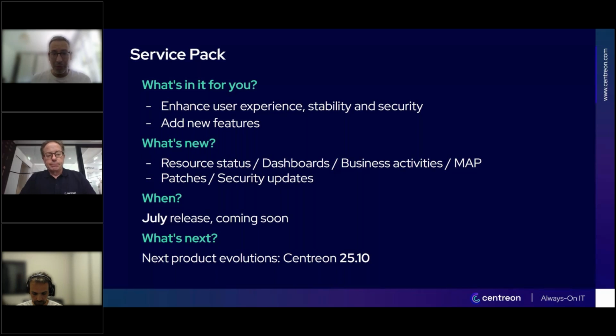Of course, along with these new features, we also did many patches and security updates as usual to be sure to deliver the most stable version possible. This service pack will be released in the next minor release at the end of July, so coming soon. And after that, new product evolutions will be available in the next major version, which is the 25.10 available in October.